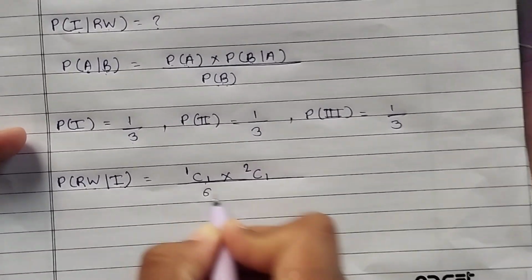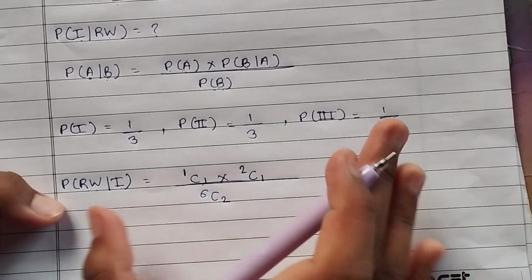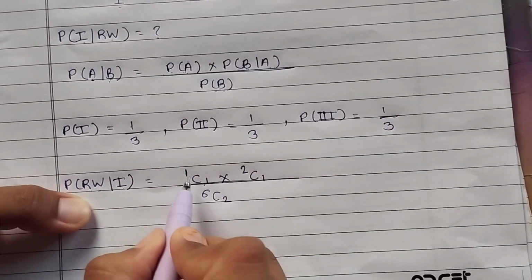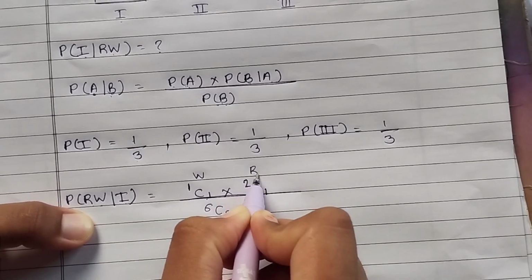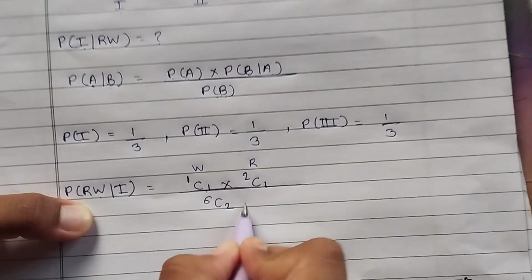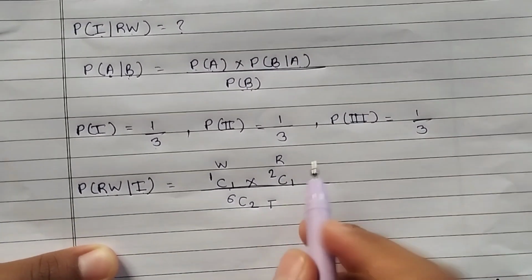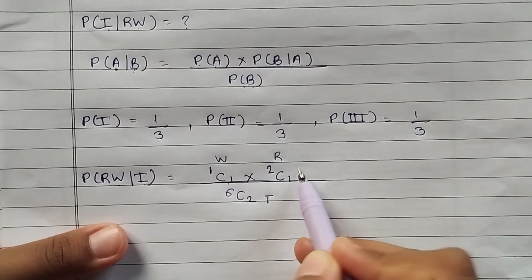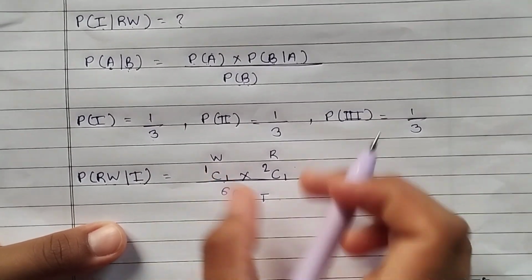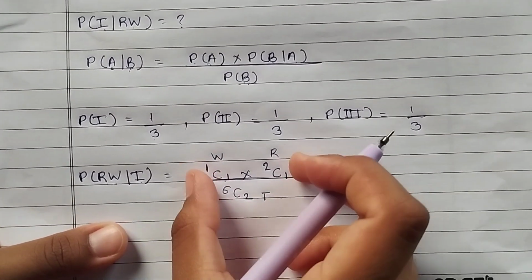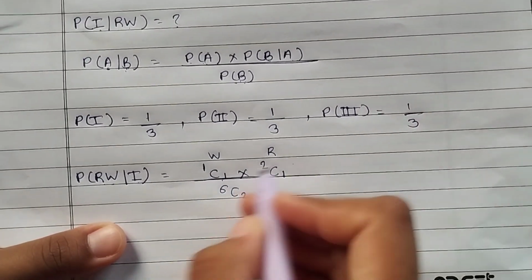So out of 6 we select 2, 6C2. I hope you get the meaning of this formula. This is for the white ball, this is for the red ball, and this is for the total. As we know, probability is the favorable outcome upon total outcome, meaning the selected entity upon total entity. So we want to select red and white out of total balls.